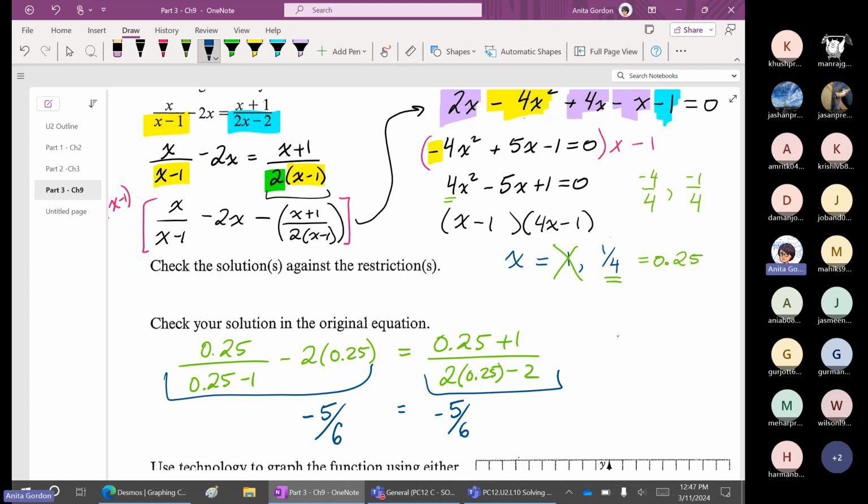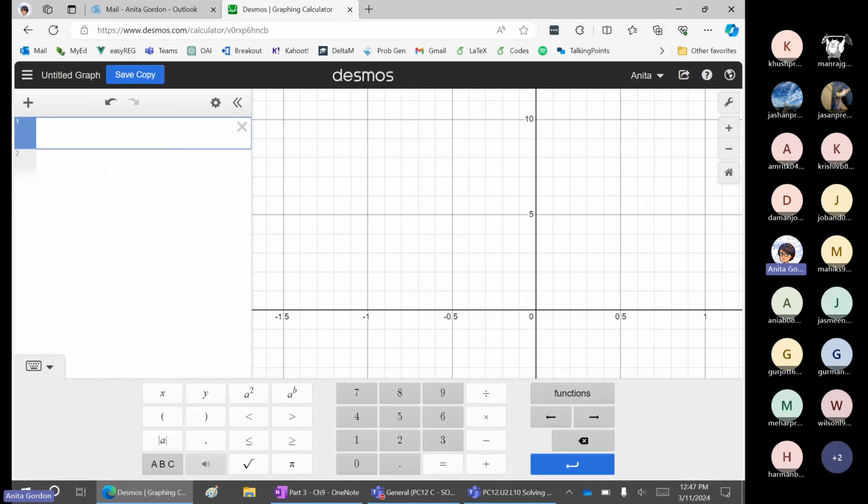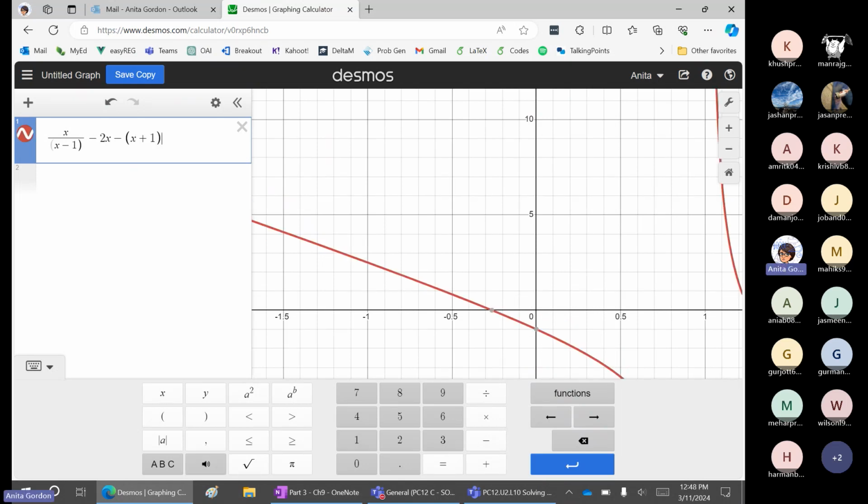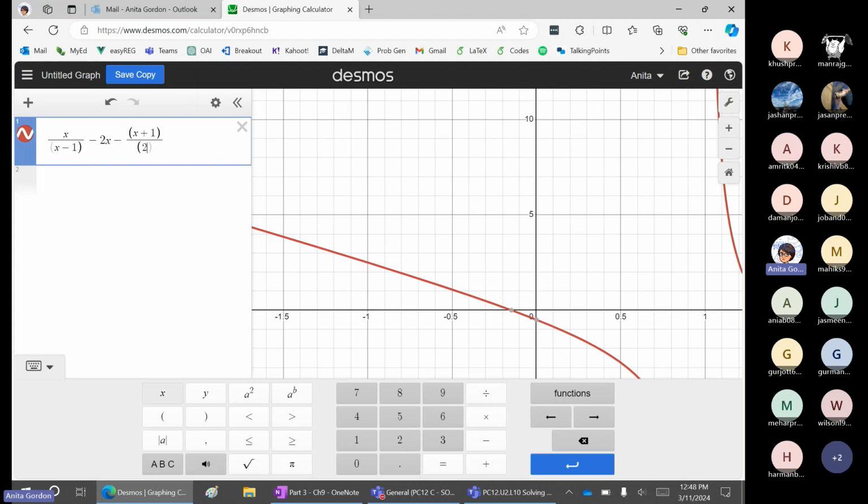Again, 5/6 is an irrational number. Or sorry, it is a rational number, but it's one that continues forever and ever, right? So if you were to do this in Desmos, Desmos would give you not a completely different answer, but a rounded off answer. Right? So x divided by x minus 1 minus 2x equals x plus 1 over 2x minus 2, close bracket.